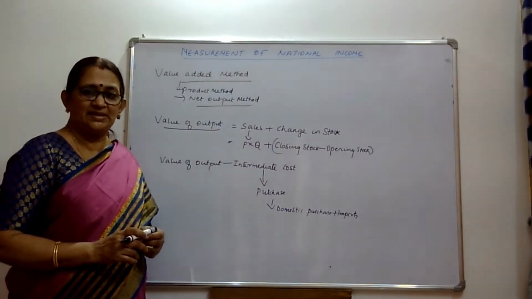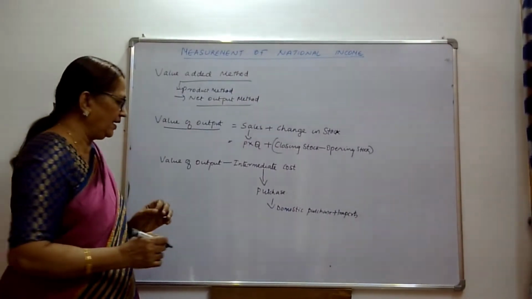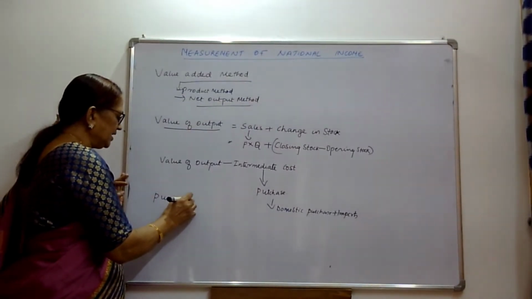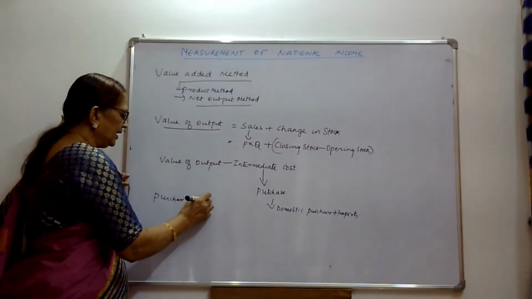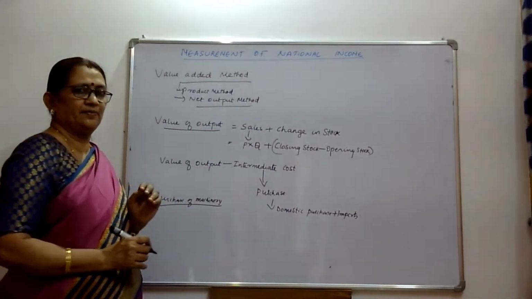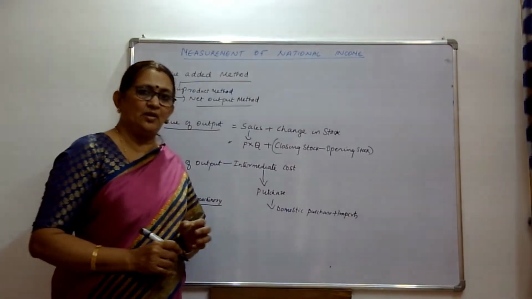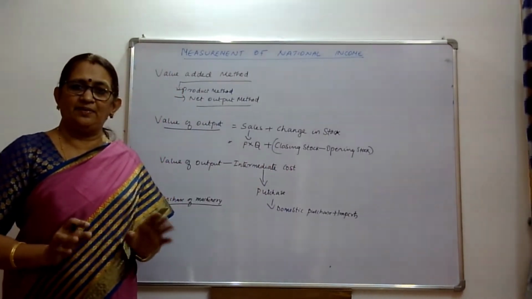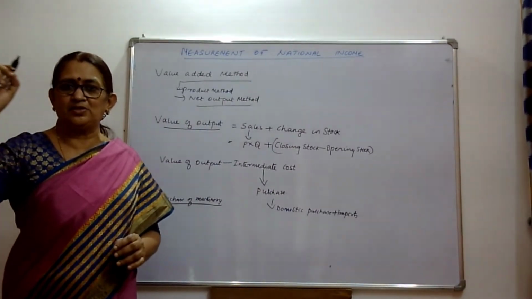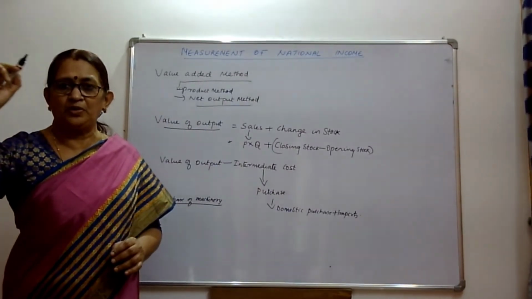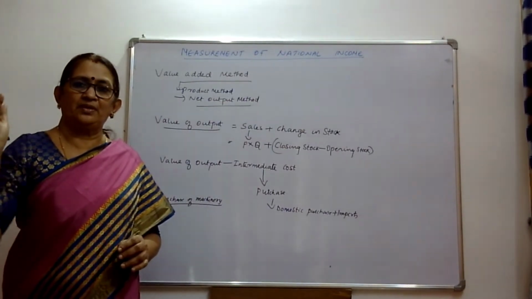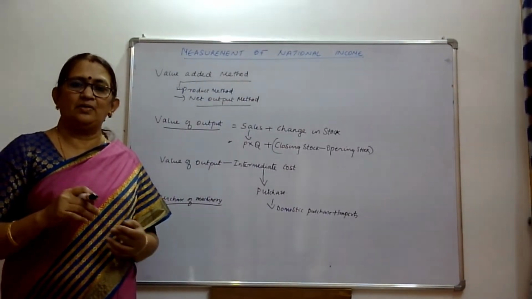Now, please take care, it's very important. Purchase of machinery, its value will never be taken as intermediate cost. Whether intermediate cost is given directly or not, sometimes domestic purchase will be given, purchase of raw material, import of raw material, purchase of machinery from within the country or outside.